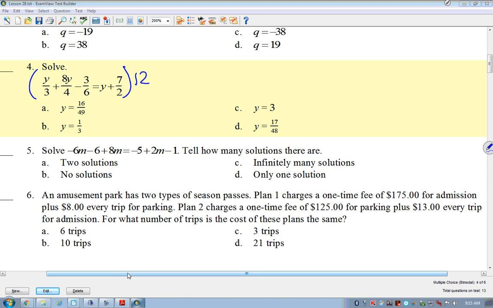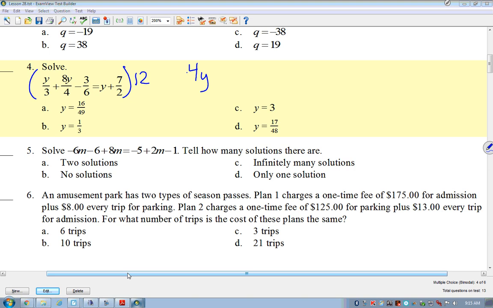All right, so 12 times, is that the same as 1/3? Y over 3. Start from the left. So that's 12 times 1. What's 12 divided by 3? So I get what? 4y. Okay? What's 12 times 8? 96.